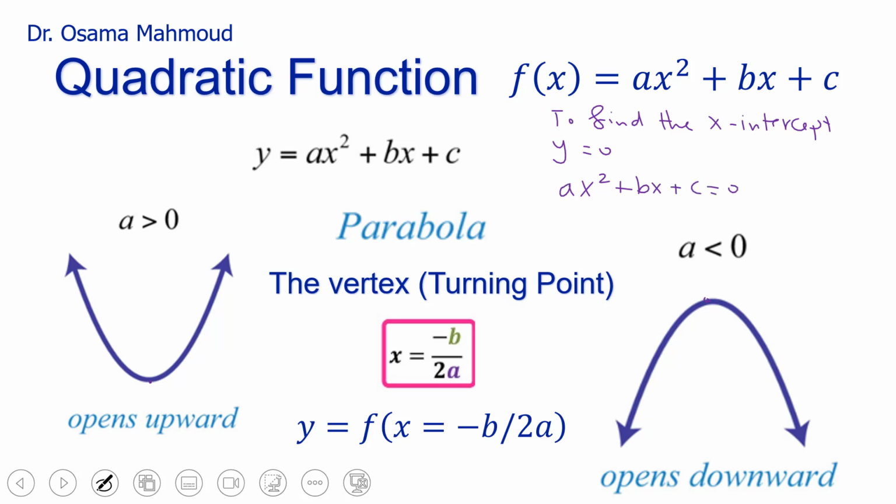This one has a formula to solve it, which we call the quadratic formula. So x will be minus b plus or minus square root of b squared minus 4ac, over 2a. Or you can use your calculator to find the roots which represent the x-intercept.